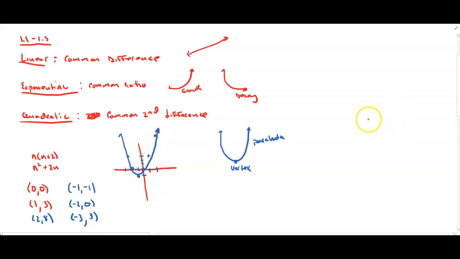And if you were to write this table of values, what point would end up being the vertex? That negative 1, negative 1.